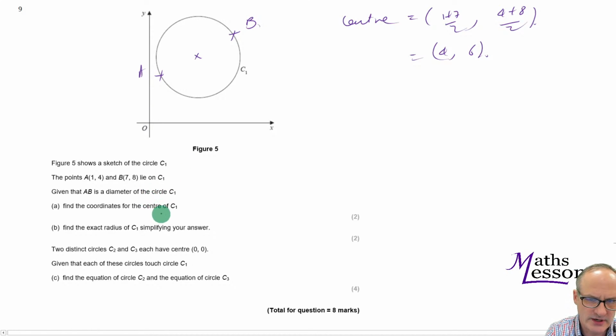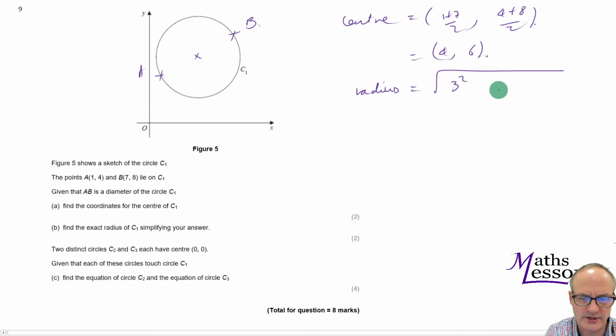And we can find the radius by finding the distance between the center and one of these two, or we could find the distance between these two and divide it by 2. But we'll do the center and one of these two. So from A to the center, the radius will equal the square root of the difference between 4 and 1, which is 3 squared, plus the difference between 6 and 4, which is 2 squared.